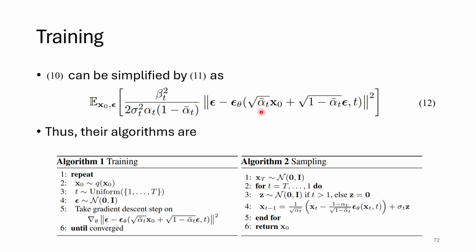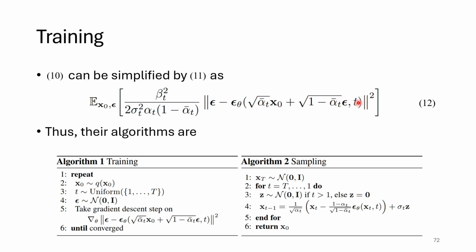Because the betas are given, we can calculate the alpha t hat. All of them are constant. Given the input clear image and the noise, we can combine them to generate a noisy image, and the step t. So it means we need to learn a neural network to predict the noise from a noisy image and its step.